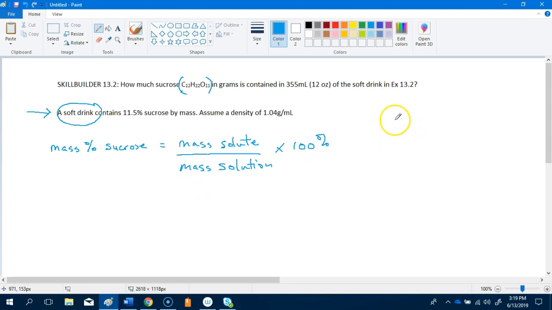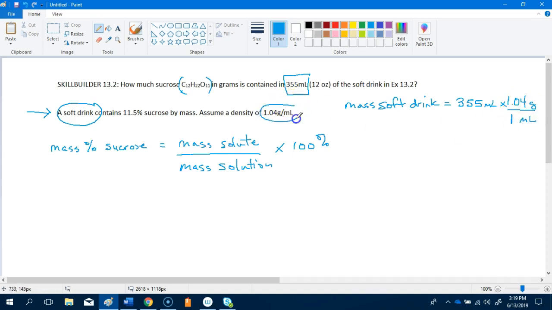So I always like to start with what I'm given, and I am given the volume of the soft drink. So our soft drink, we're going to need the mass of that. So we're given our volume first, which is 355 milliliters. And I'm going to times that by the density, which is 1.04 grams divided by 1 milliliter.